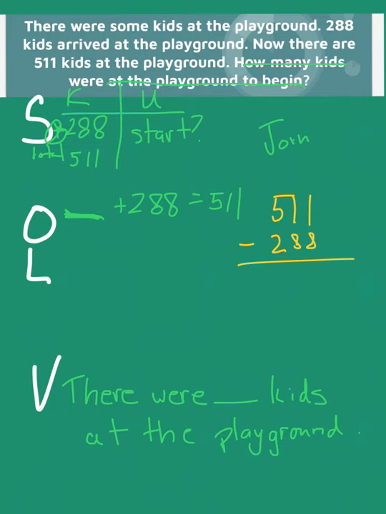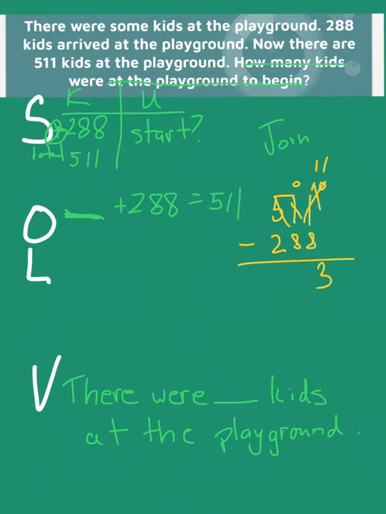So if I only have one, I can't subtract 8, so I have to regroup. I take one of my 10s, break it up into ones. I had one already there, so now I have a total of 11 ones. 11 minus 8 is 3. Now if I have 0, I can't take away 8, so I go over to my hundreds. I have 5 hundreds.